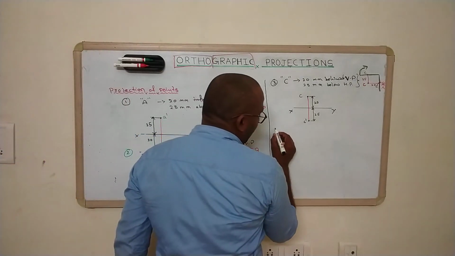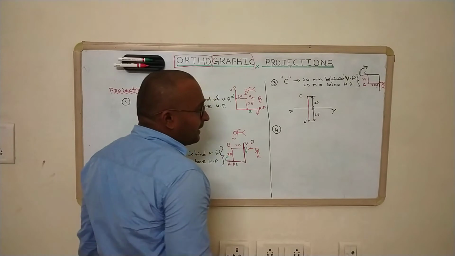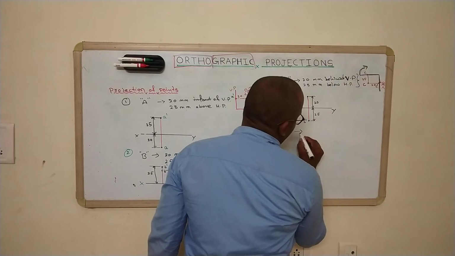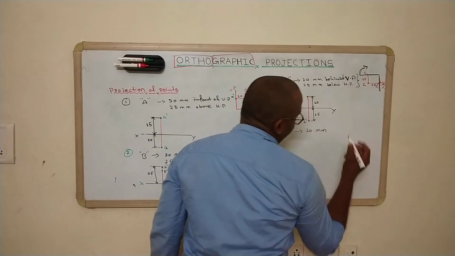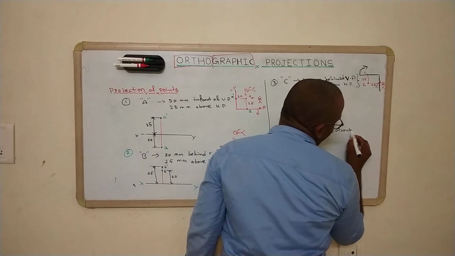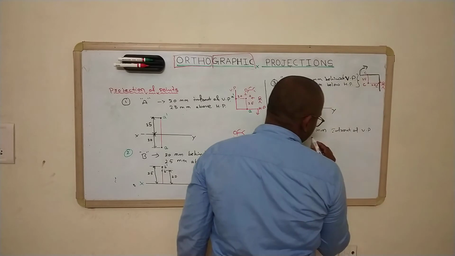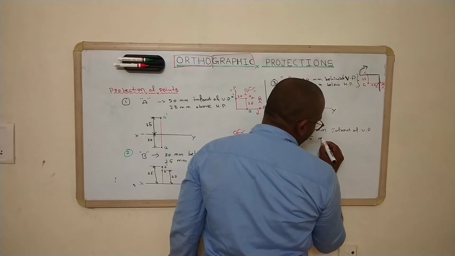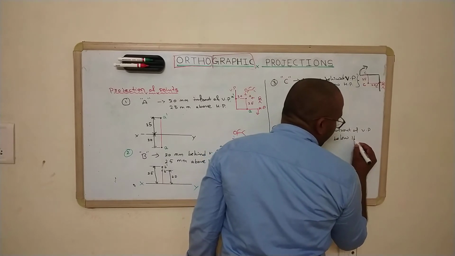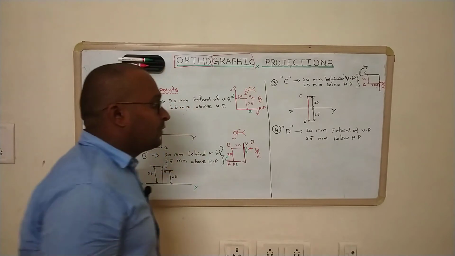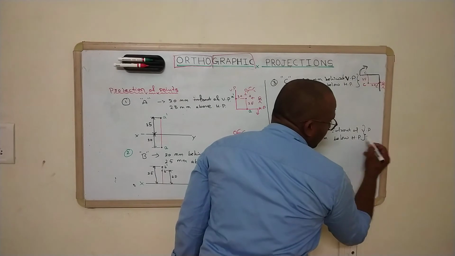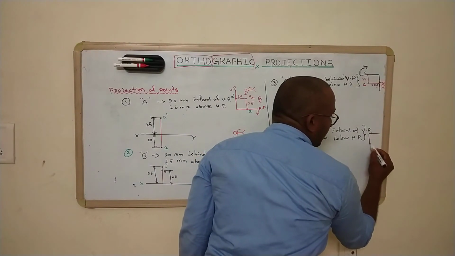Now we will move on to the fourth condition, that is, point D is 20 mm in front of VP and 25 mm below HP. So here the position will be like this.